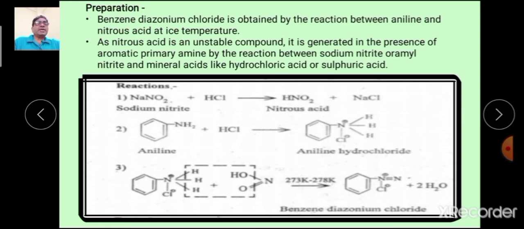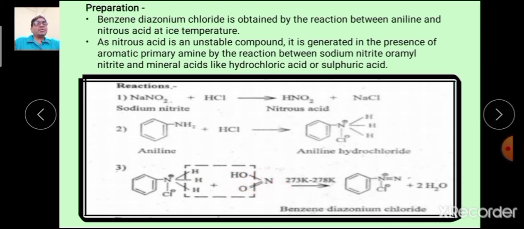Now when aniline is reacted with hydrochloric acid, aniline hydrochloride salt is obtained. Now in the last, this aniline hydrochloride salt reacts with nitrous acid.